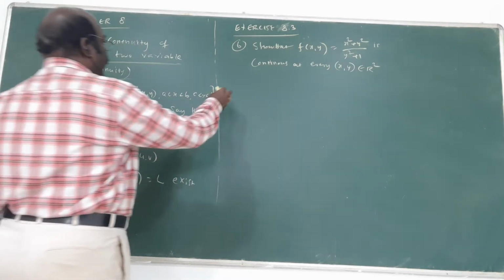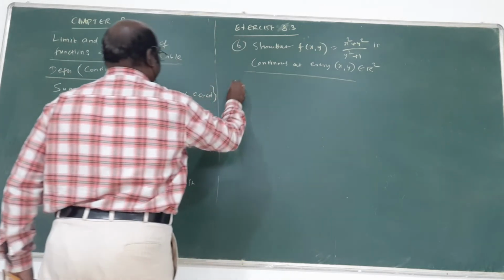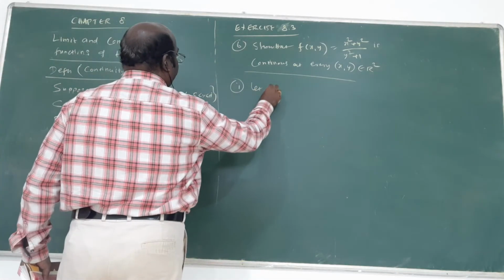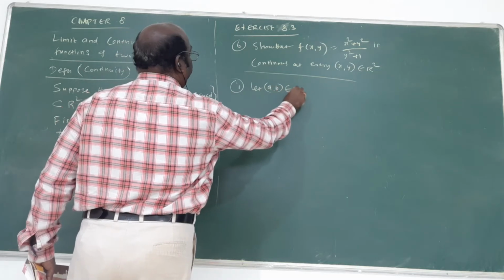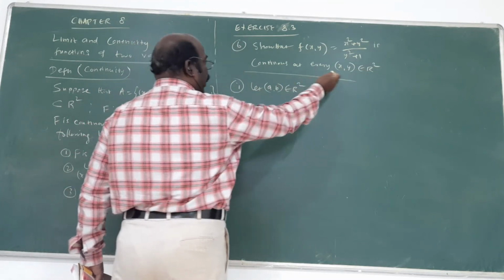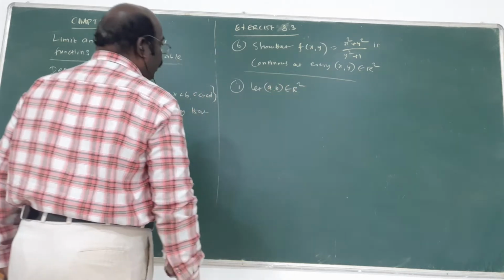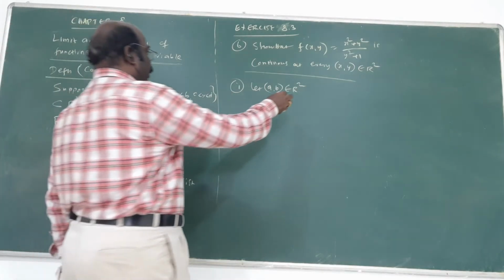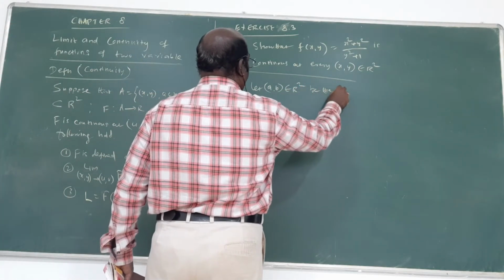First assumption: let a comma b belong to r square. Inside x comma y I could put u comma v, but here I am assuming a comma b belongs to r square, be any point.